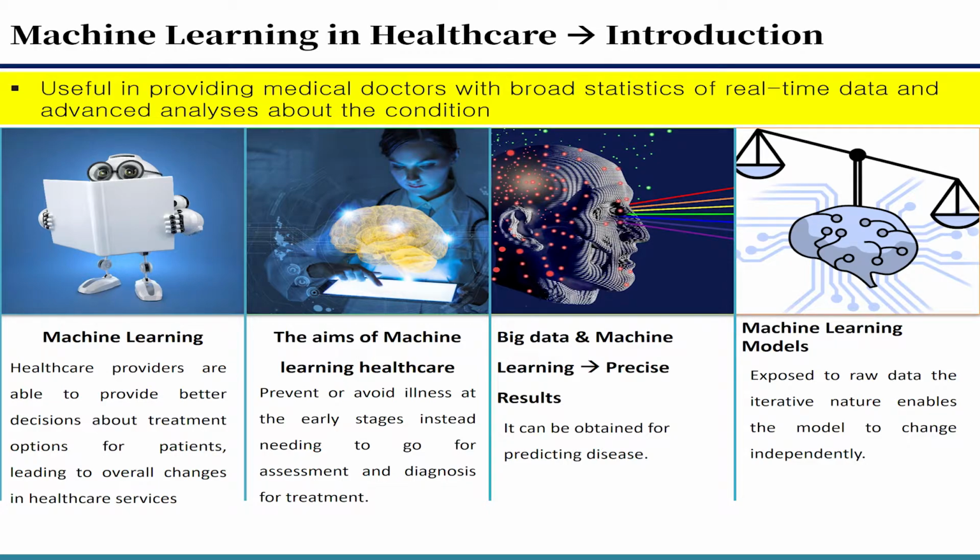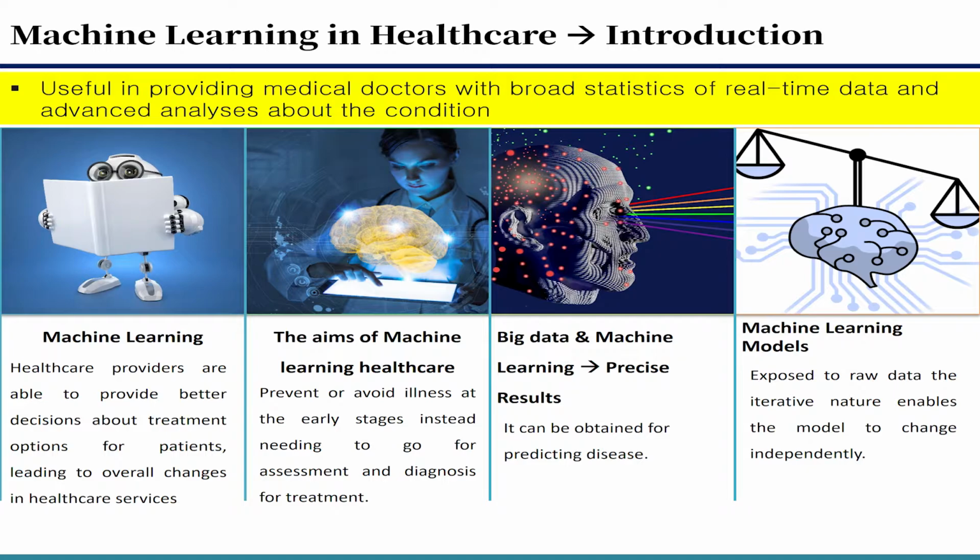Healthcare providers are able to make better decisions about treatment options for patients, leading to overall changes in healthcare services. The aim of machine learning in healthcare is to prevent or avoid illness at the early stages, instead of needing to go for assessment and diagnosis for treatment. So what's the main aim of machine learning in healthcare systems?